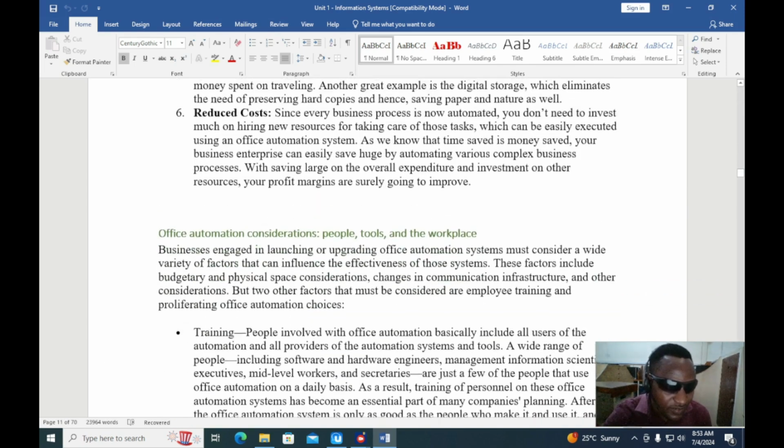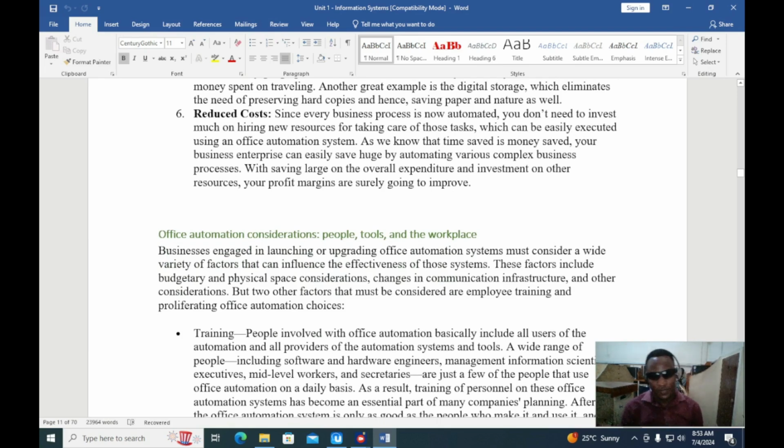Number 6, we have reduced costs. Now, because we are automating the business, the major essence of optimizing profit is making sure that you are reducing the cost of production. When you reduce the cost of production, you are basically increasing the profit that you can make out of those products.